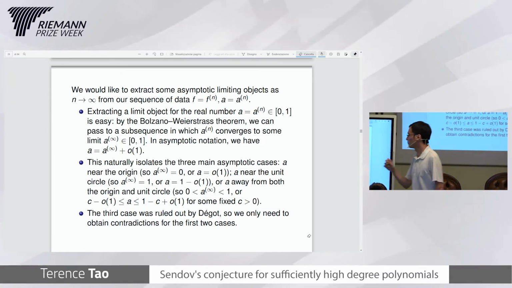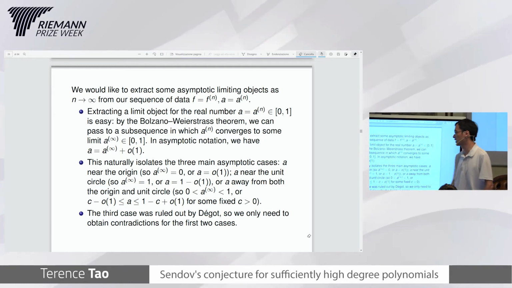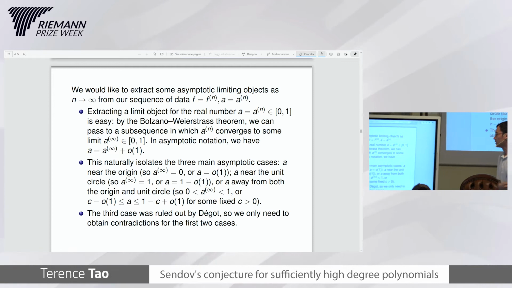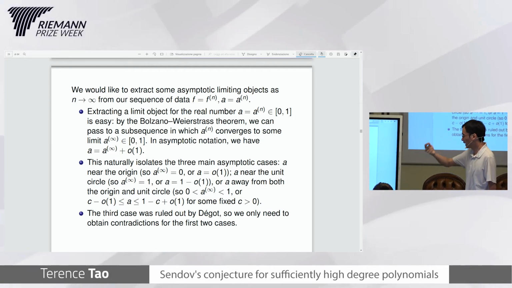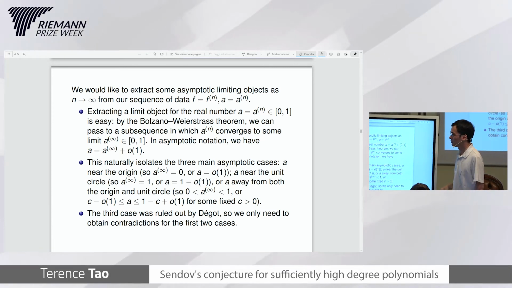So for any finite n, a is a infinity plus something that goes to 0, which I'll call little o of 1. The a's converge to some limit, and there are three cases: either the limit is 0, the limit is 1, or the limit is somewhere between 0 and 1.